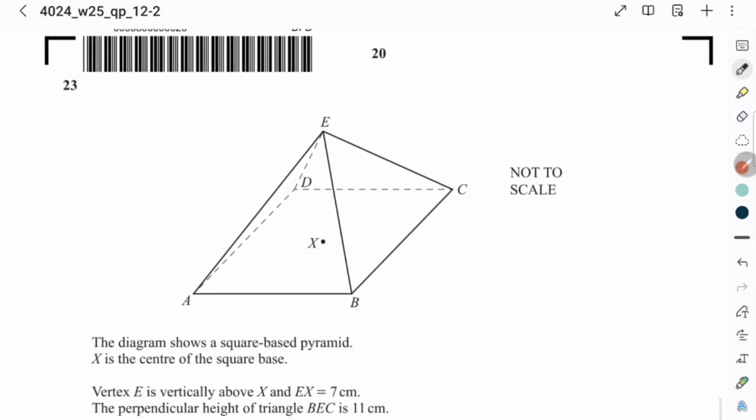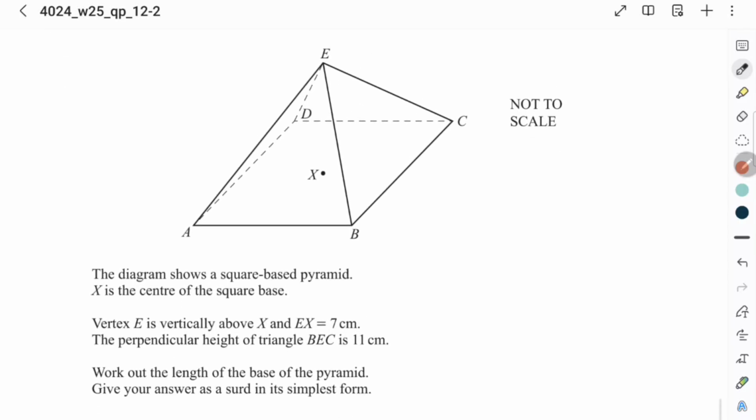Question number 23. In question number 23, we have the diagram showing a square base pyramid, and we don't know the value of this length. X is the center of the square base. Vertex E is vertically above X. EX is 7 centimeters.